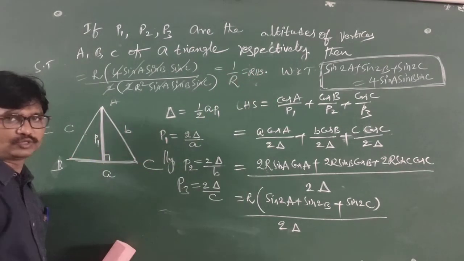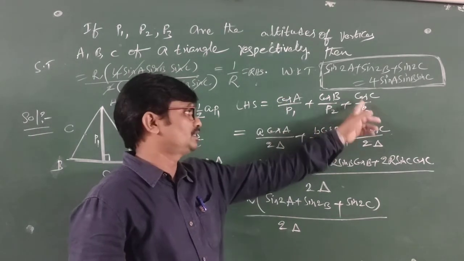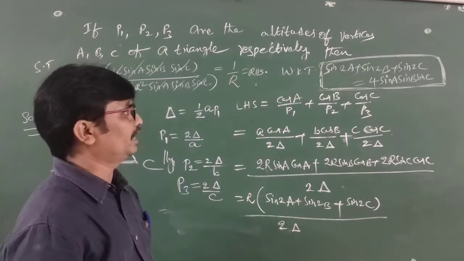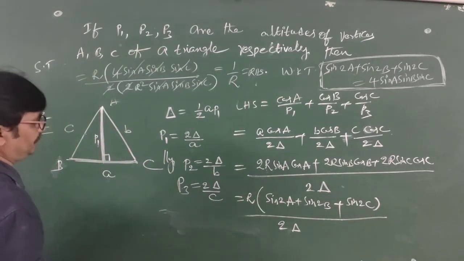Is it clear students? Cos A by p1 plus cos B by p2 plus cos C by p3 is 1 by R. Okay students? Now question number 3.